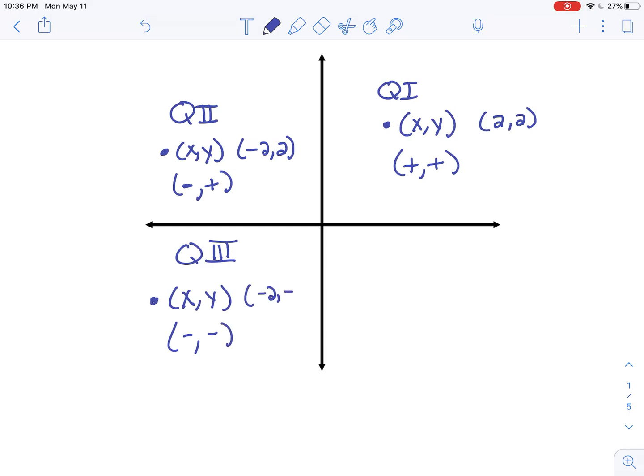Negative 2, negative 2 would be an example for that. And in quadrant 4, if I have a point x, y, my x would be positive and my y is negative. So that would be the point 2, negative 2.